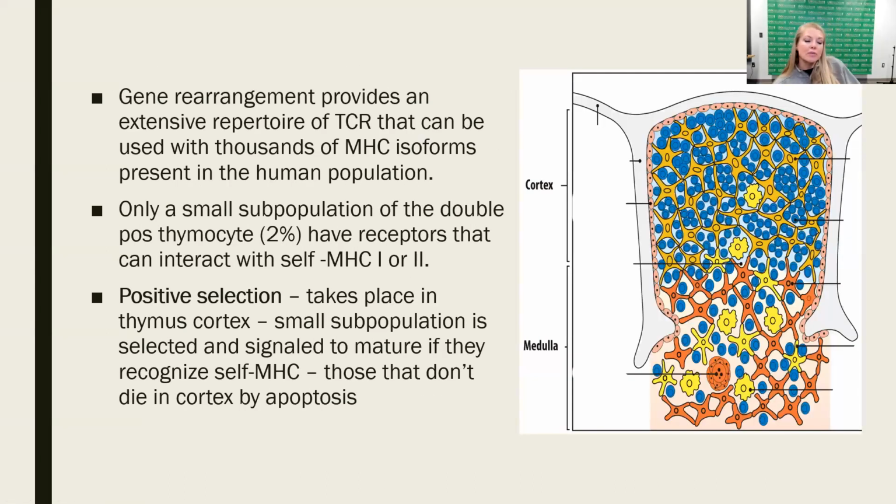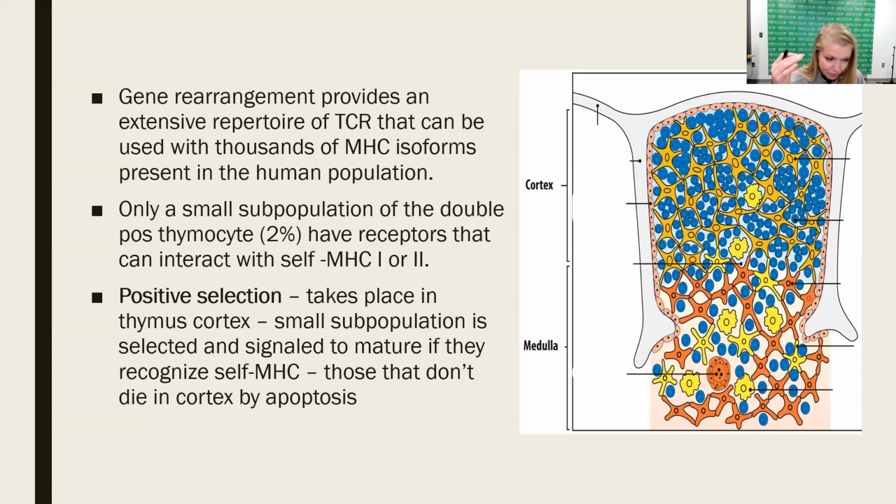So gene rearrangements provide a large repertoire of T cell receptors, and they could potentially recognize thousands and thousands of different types of MHC isoforms because of the different ones out in the human population.